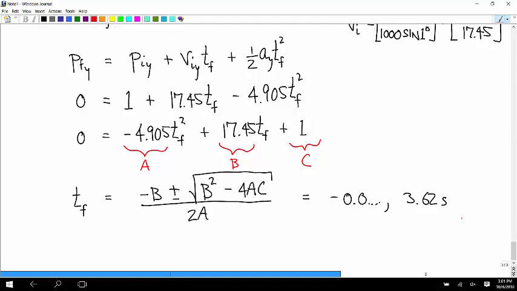Okay, so 3.62 seconds. So remember, when the bullet was fired horizontally, it took 0.45 seconds to hit the ground.